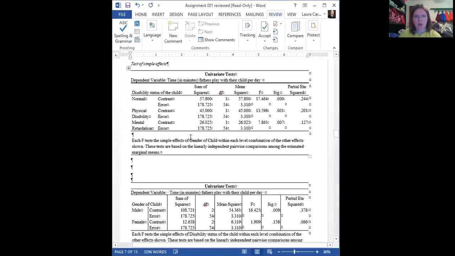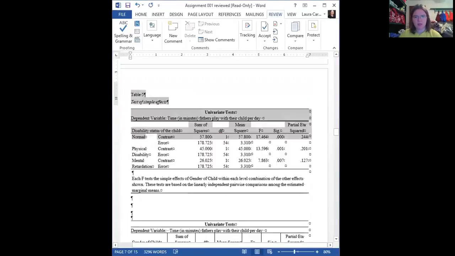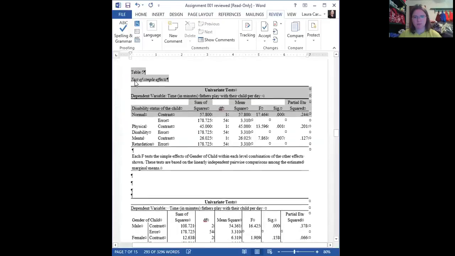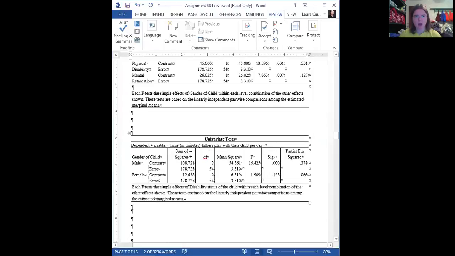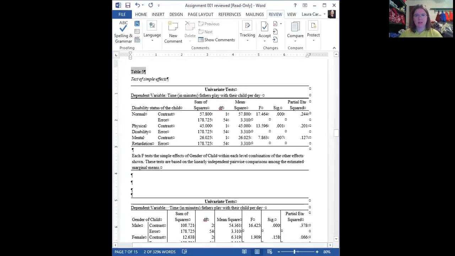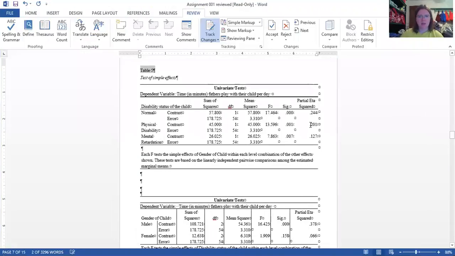So this table 5 and this table down here are my table 3. You want to readjust it, and basically you want to take out the error. You only need to list the error once.